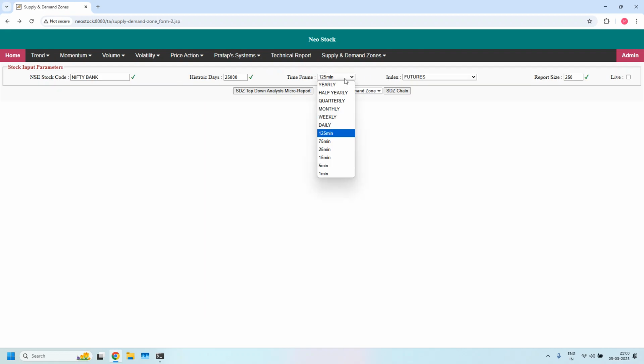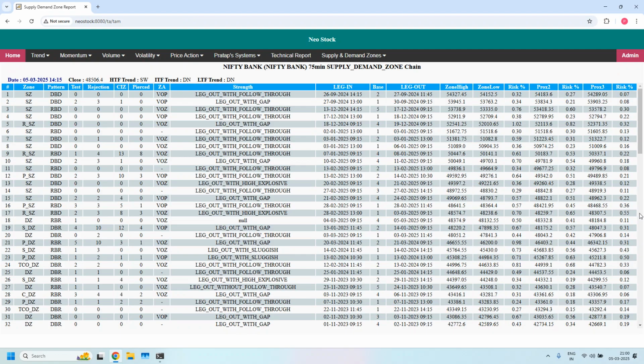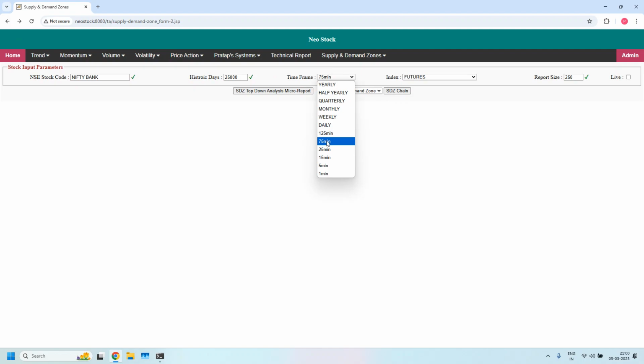Okay, next 75-minute supply demand zone chain for Bank Nifty. Eighteenth is the nearest demand zone to the current closing price, the 75 minutes demand zone. Next, 25 minutes supply demand zone chain.